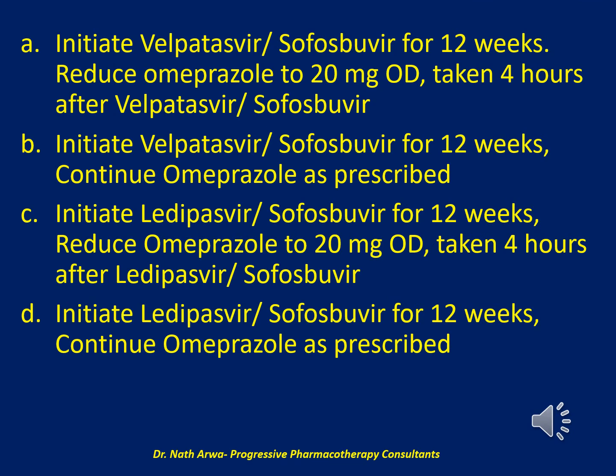Would it be A. Initiate velpatasvir plus sofosbuvir for 12 weeks, reduce omeprazole to 20 mg once daily, taken 4 hours after velpatasvir plus sofosbuvir, or B. Initiate velpatasvir plus sofosbuvir for 12 weeks, continue omeprazole as prescribed, or C. Initiate ledipasvir plus sofosbuvir for 12 weeks, reduce omeprazole to 20 mg once daily, taken 4 hours after ledipasvir plus sofosbuvir, or would it be D. Initiate ledipasvir plus sofosbuvir for 12 weeks, continue omeprazole as prescribed?